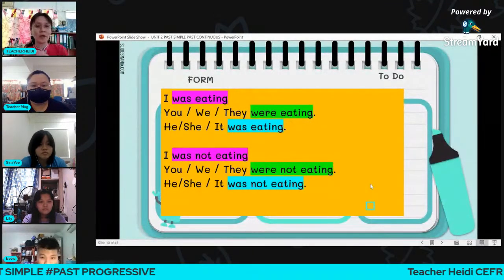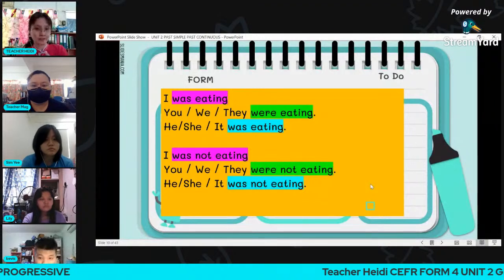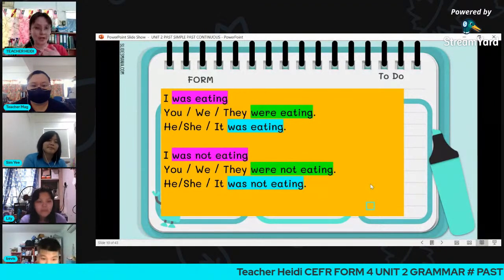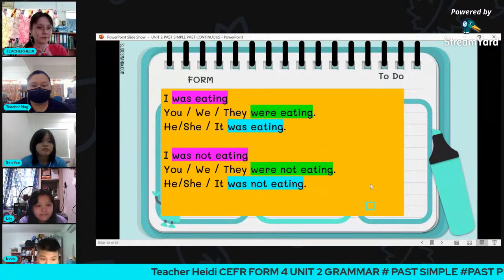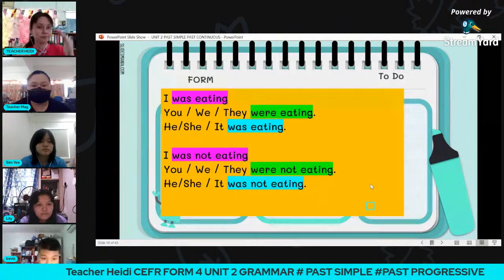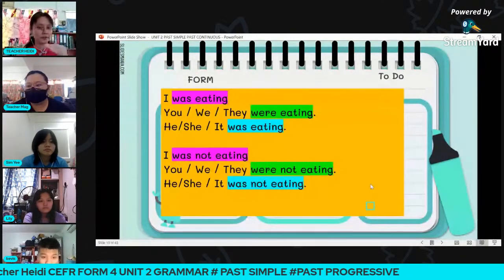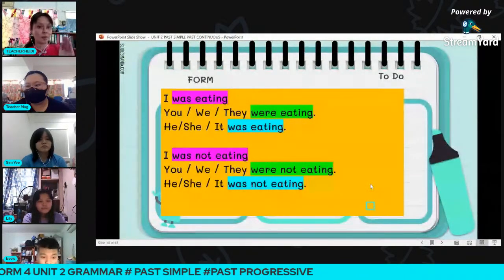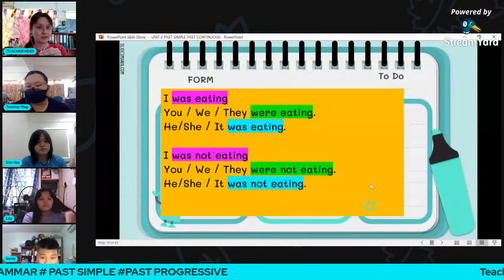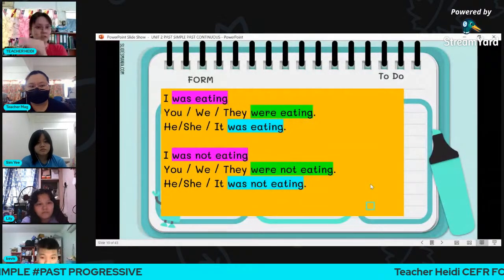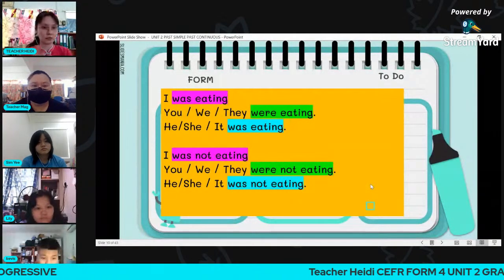Everything shares the same past tense, but not for the ing, not for the progressive tense. You see, teacher has separated it into three different categories. You have I was eating. It's no longer I, you, we, they, everything together.